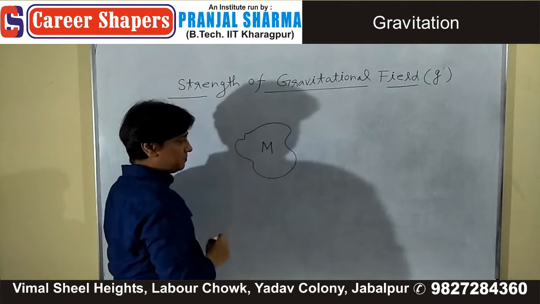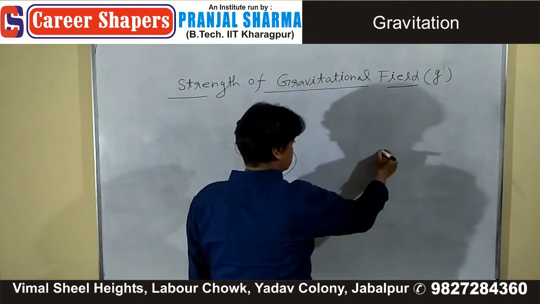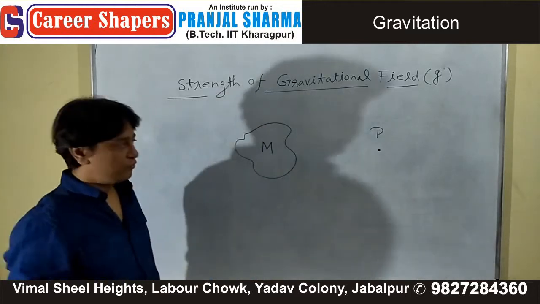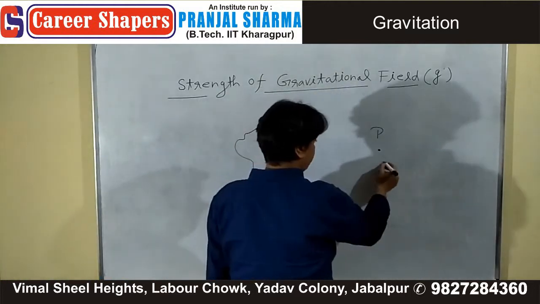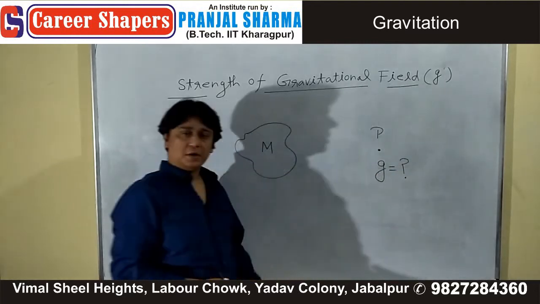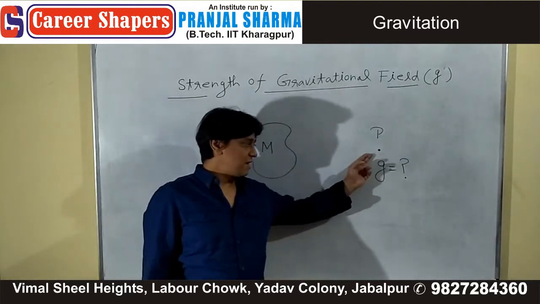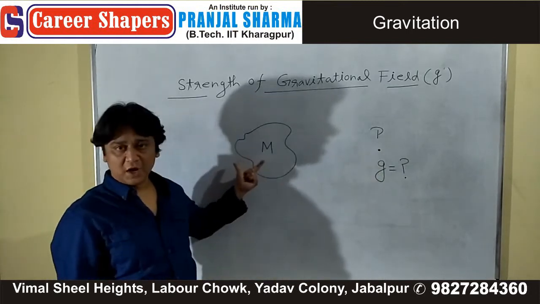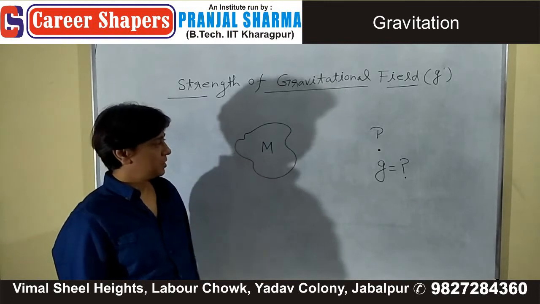Due to this body, at this point P, we need to find strength of gravitational field. Strength of gravitational field at point P due to the mass body m.